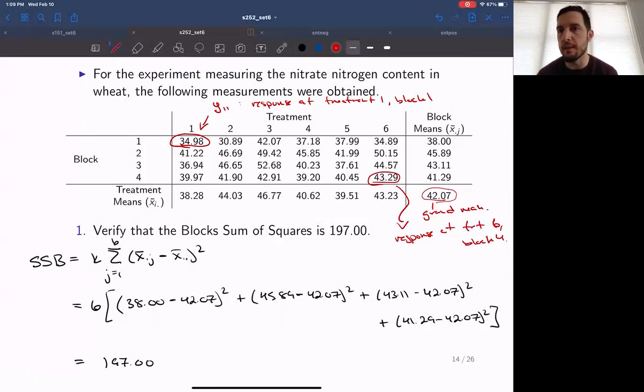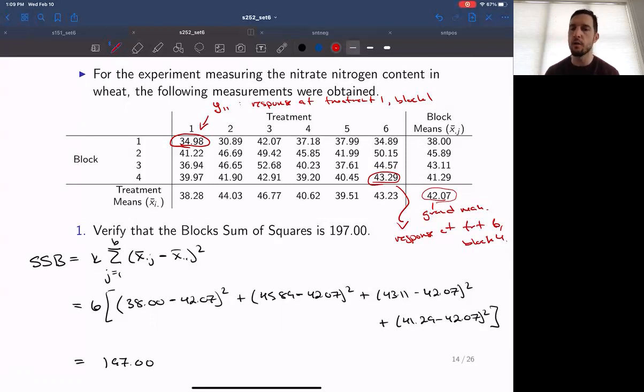And we would just be taking the difference between each treatment mean and the grand mean squared and adding them together. If we wanted to compute SST, we would just take each value. So for example, 34.98, subtract the grand mean, square it, plus the next value inside the table, subtract the grand mean, square that, all the way through.